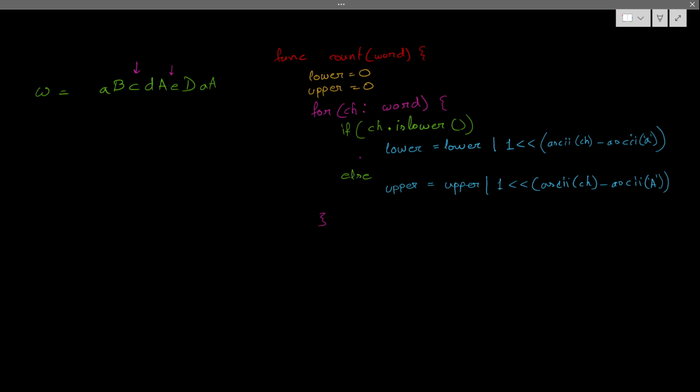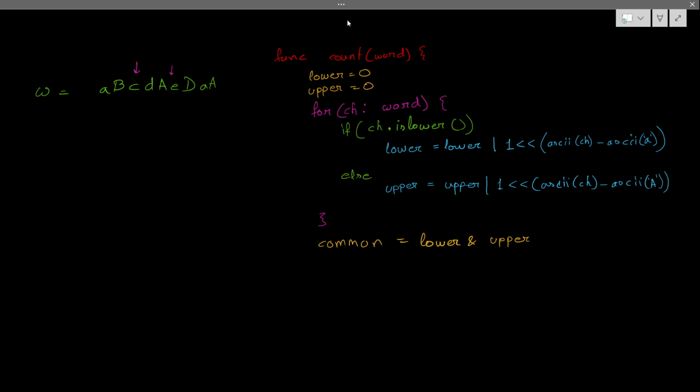So I need the combination, like combination of what is the case. So I have to find the common. So common I want to find is nothing but lower and upper, this is the bitwise AND of lower and upper.